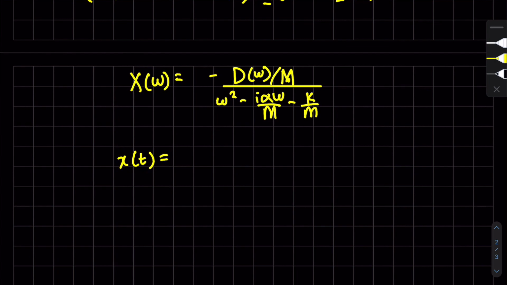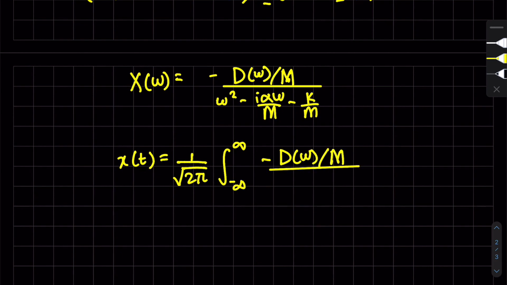X of t is 1 over square root 2 pi integral from minus infinity to infinity of minus D of omega over capital M divided by, we can factorize the denominator as omega minus omega plus, omega minus omega minus.